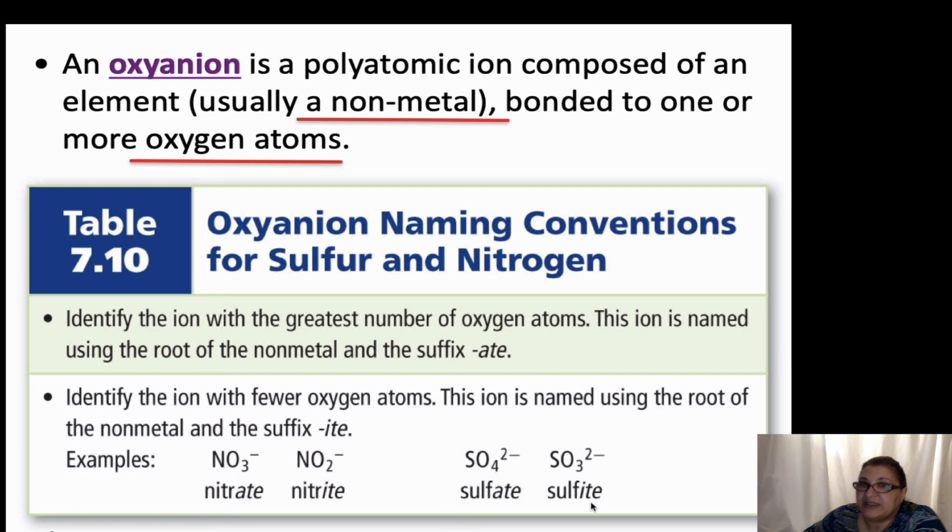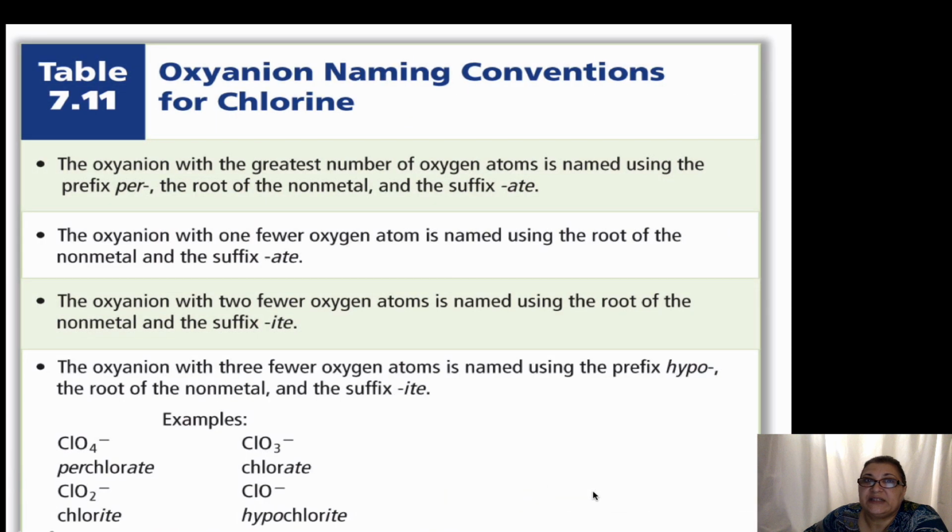One less oxygen is sulfite. So you have to pay attention to the ending, and it tells you if it's less or more oxygens. So you go to chlorate, but then if it's one more oxygen than chlorate, it's called perchlorate. And if it's one oxygen less than chlorite, then it's hypochlorite. It's just a couple of things you have to pay attention to when you're looking at the polyatomic table.